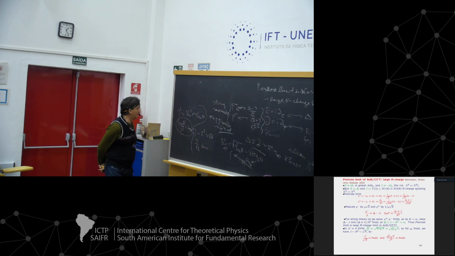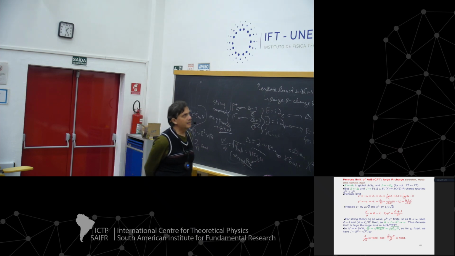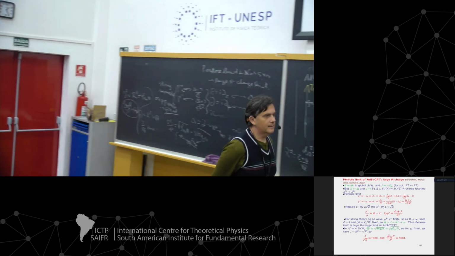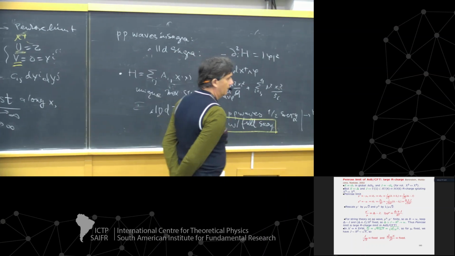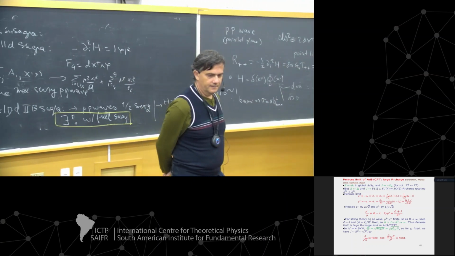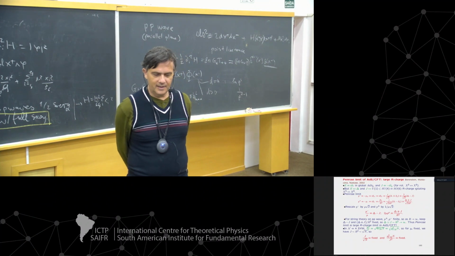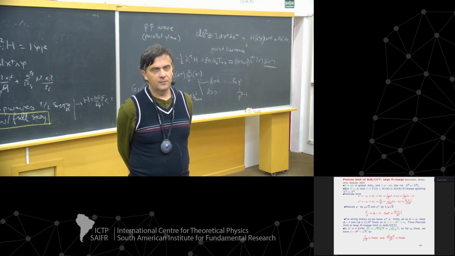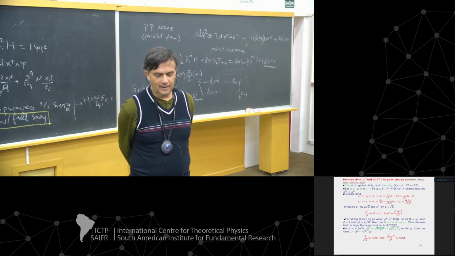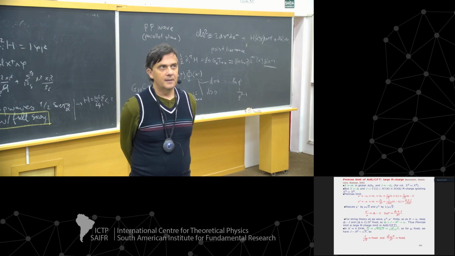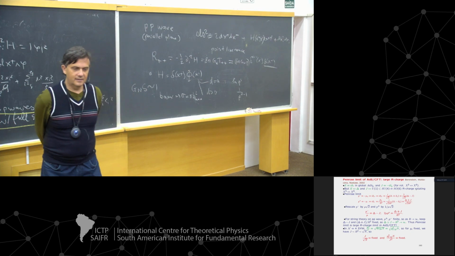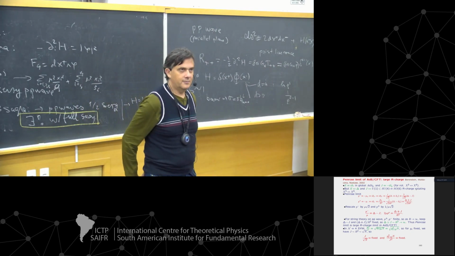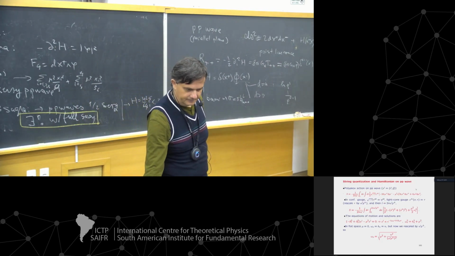Okay, so the limit that we are considering is slightly different than before. We considered large n, and also large 't Hooft coupling g squared n, but now we also consider large charge J, such that the ratio g squared n over J squared is actually fixed.